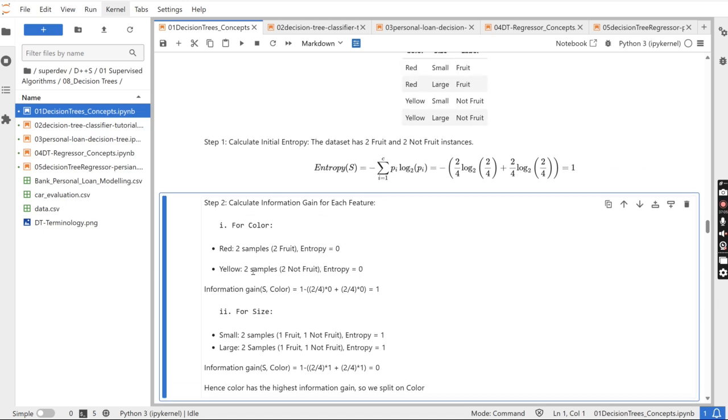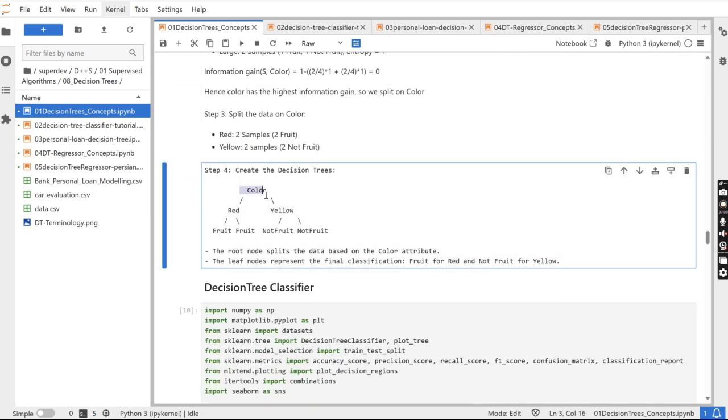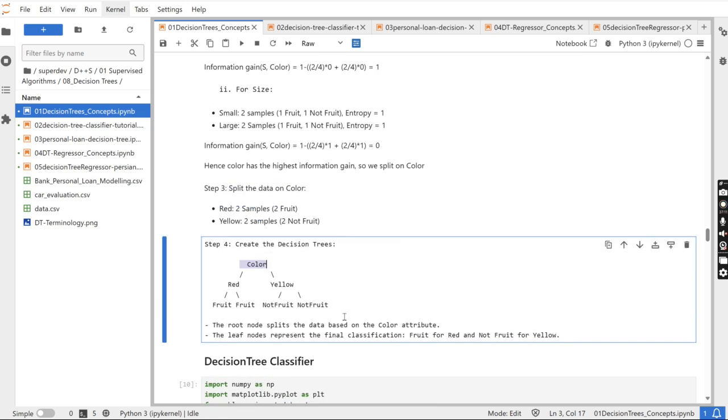So you will make the decision based on color. You use color as the option to make the split: if it is red, it is a fruit; if it is yellow, it is not a fruit. Size is not used as a factor in the decision tree. Is this understood?